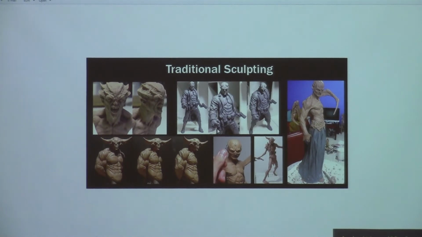So, traditional sculpting: use of clay and armatures and wire. The cool thing about traditional sculpting is that you get the feel of it in front of you, the presence of the sculpture, especially if it's been created in a way that showcases the character, showcases the human form.